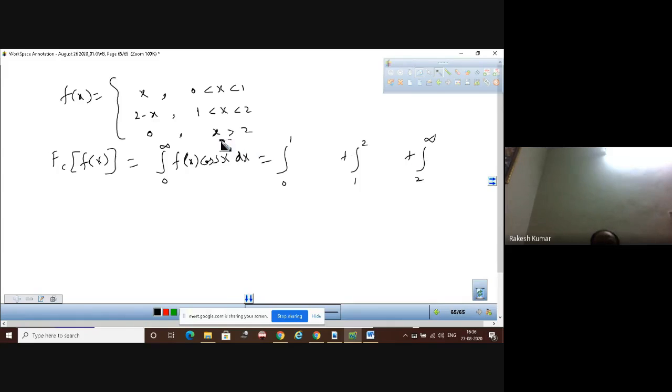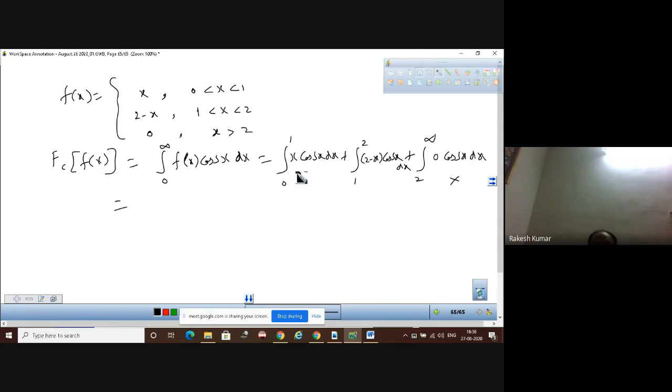For the interval 2 to infinity, the value of the function is 0, which means the third integral will automatically vanish. For the first integral, we have x cos of sx dx, and for the second integral, we have 2 minus x cos of sx dx.